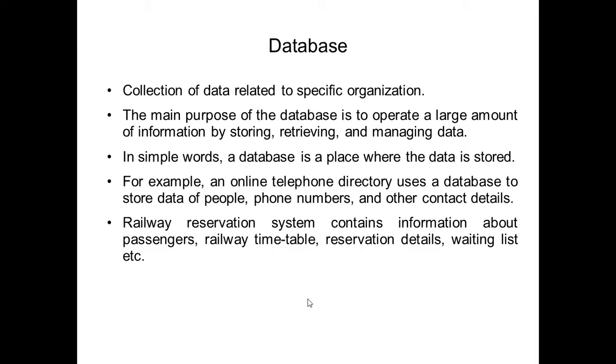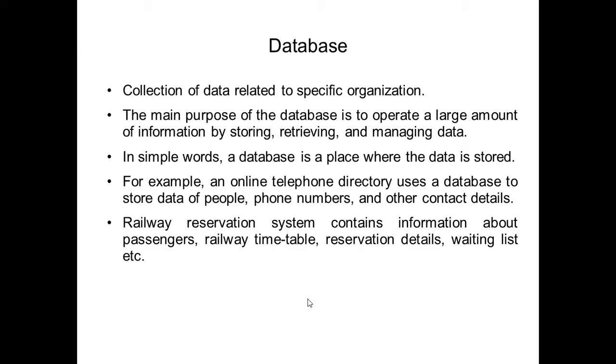Now we will see the examples of database. An online telephone directory uses a database to store the data of people. To store the data of people means their information like name, phone number, any other contact detail, then Aadhaar card number, then address, all this.